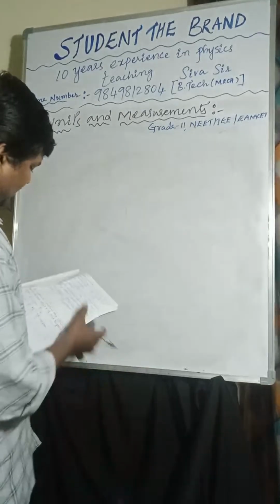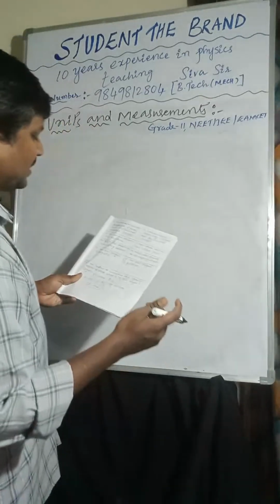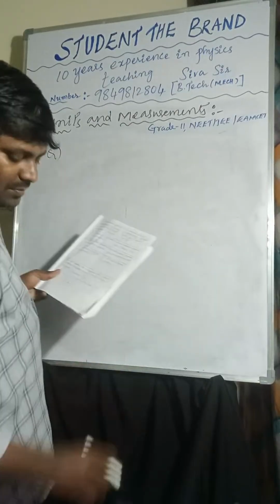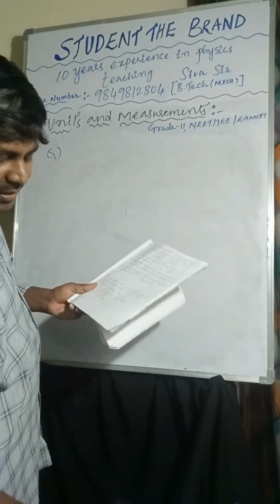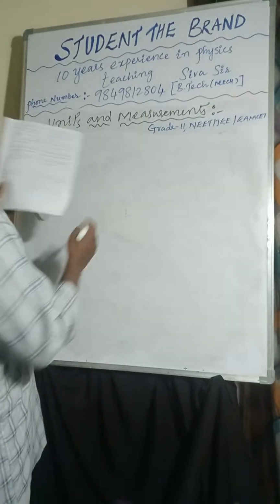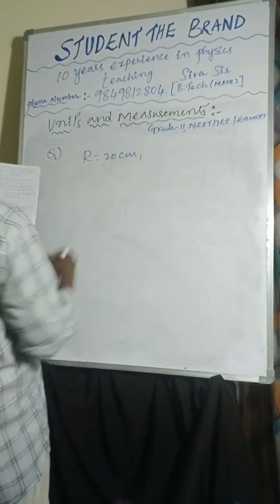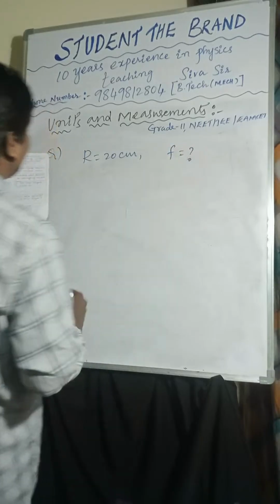Okay, so here the radius of curvature of the spherical mirror is 20 centimeter. R equal to 20 centimeter, and find its focal length. So we have to find out the focal length.